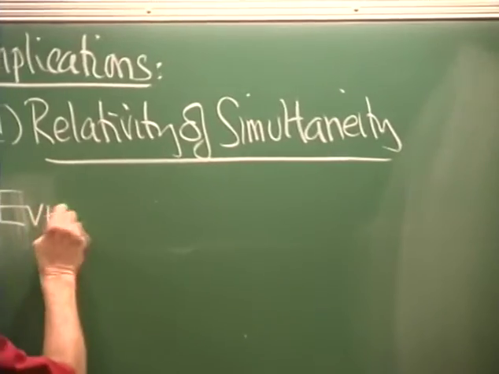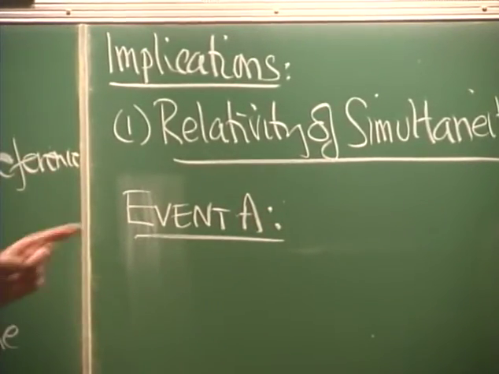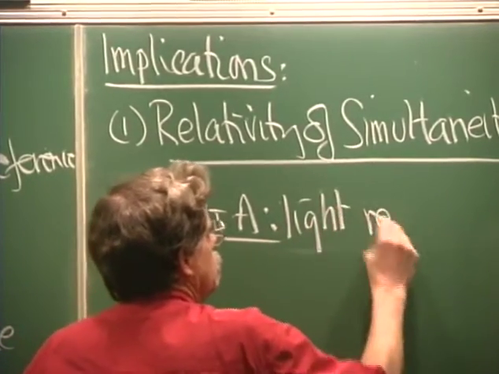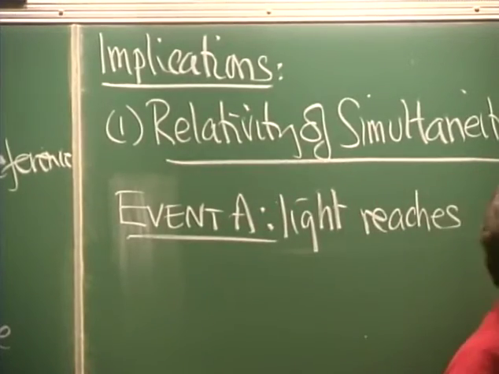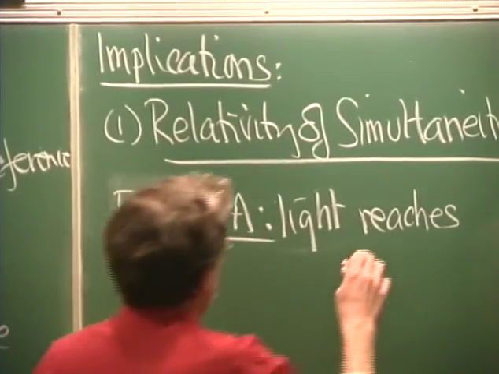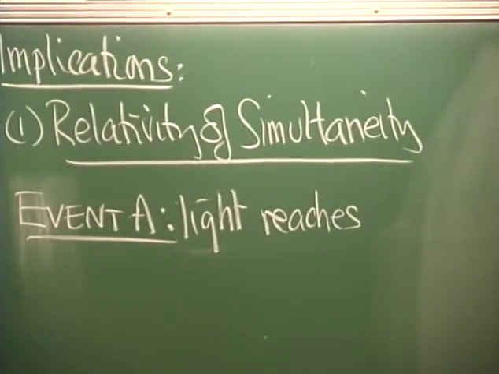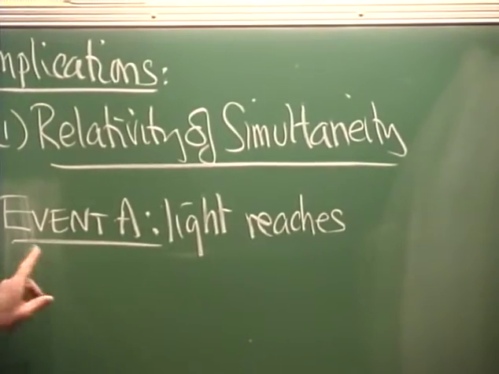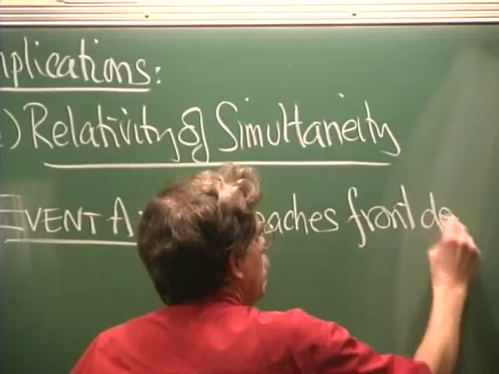Event A is that the light signal reaches the front detector. The train itself is going to be going to the right. That's why I said that's the front detector. But we're looking at it just from the point of view of the boxcar itself. Maybe you're an observer sitting inside the boxcar. Event A, light reaches front detector.